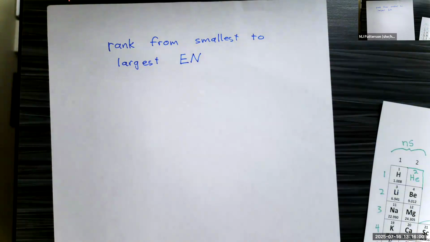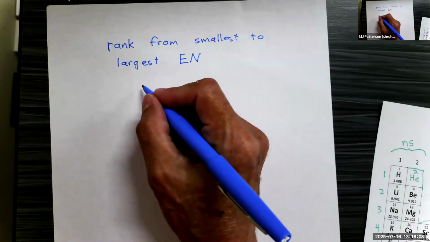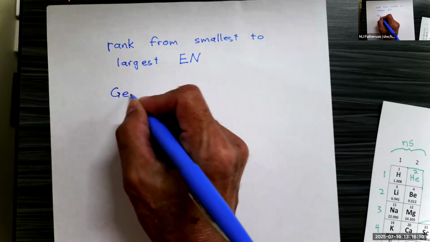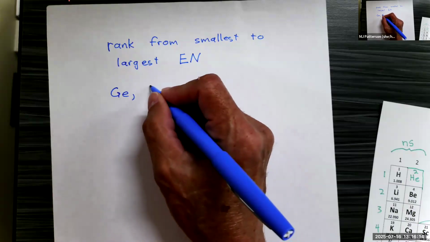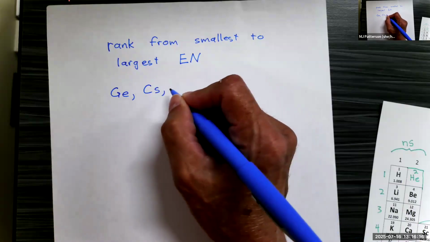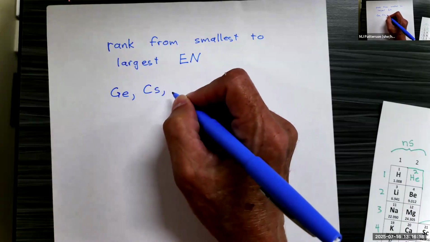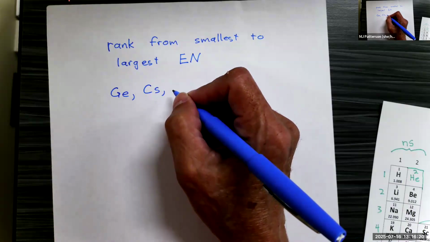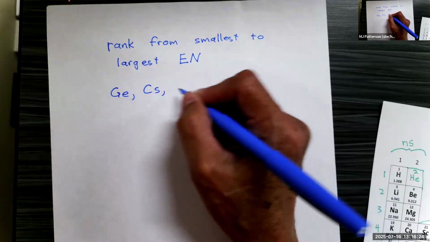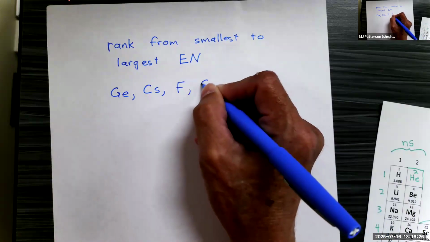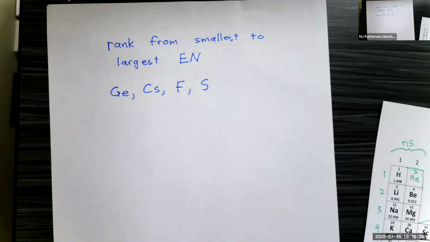And the elements that you get might be something like, let's throw in germanium and cesium, fluorine and sulfur, something like that.